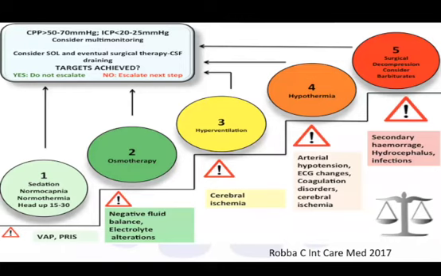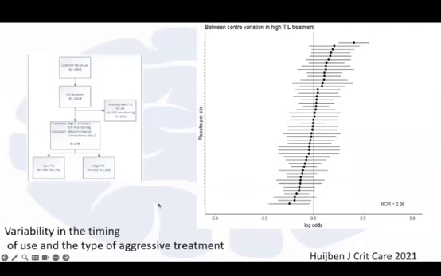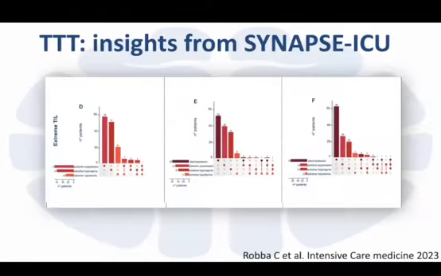But the concept is that you need to follow a staircase approach, where for each step that you take, you also have an increased risk of side effects. Even in tier 3, there is huge variability across the different studies and centers. This is a CENTER-TBI sub-analysis, and this is again your MORE. So your caterpillar, look how much variability there is in the use of tier 3 therapies across different neurotrauma centers.